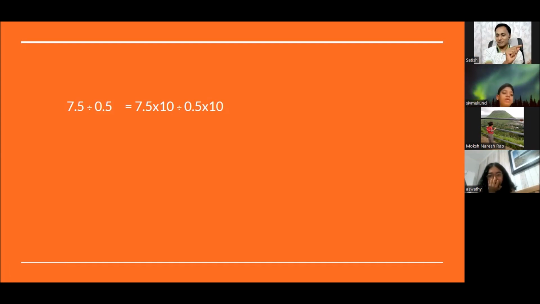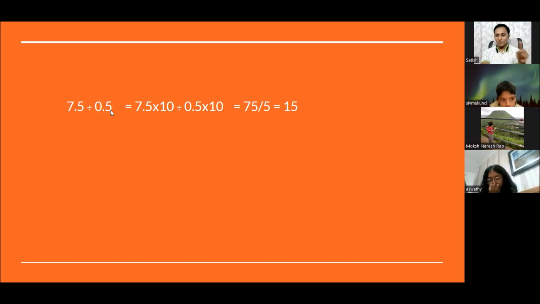Then we added the decimal, right? So here also we want to consider them as integers. How is it possible? We want to remove these decimals. If you multiply 7.5 into 10, you know it is 75. But you can't multiply only 7.5, 0.5 also you have to multiply, because it is 7.5 by 0.5. Numerator and denominator both you have to multiply. So 7.5 into 10 divided by 0.5 into 10. So this will become 75 by 5.